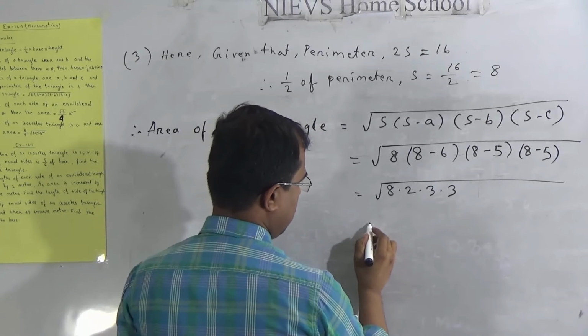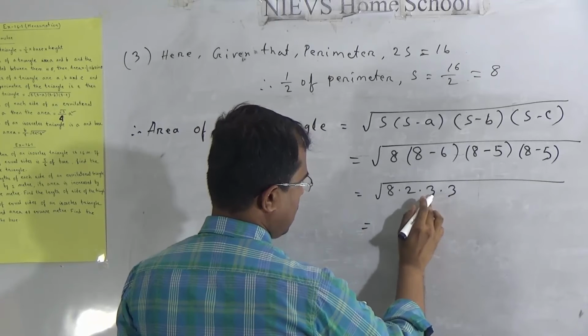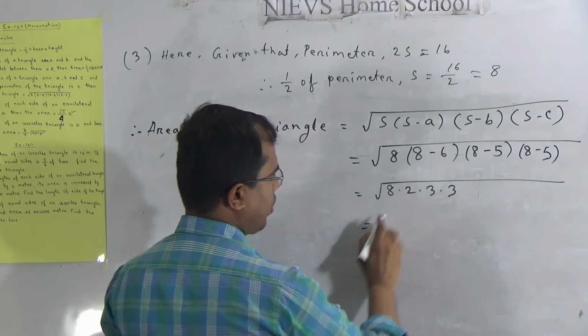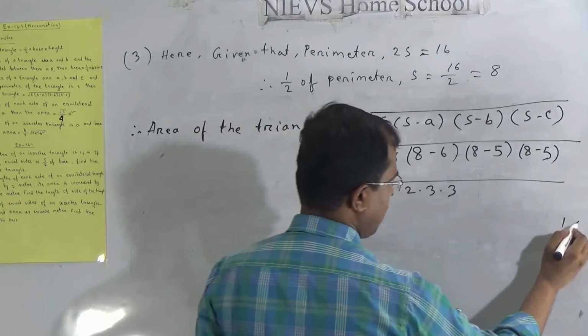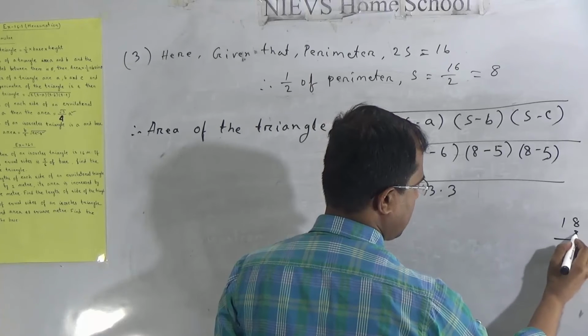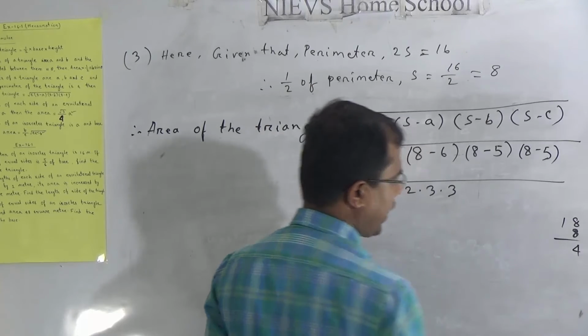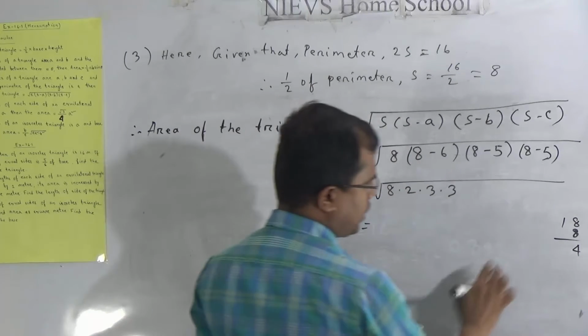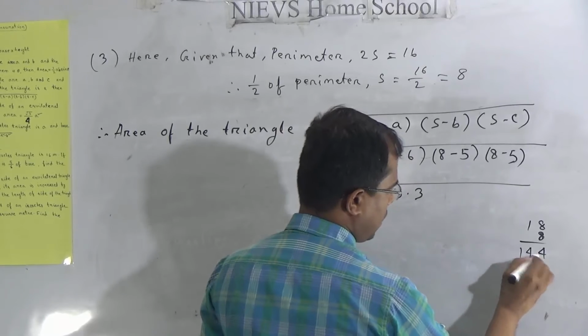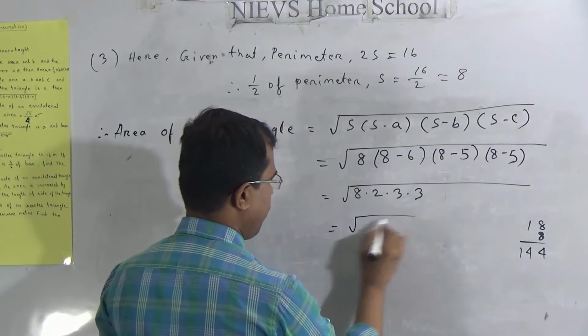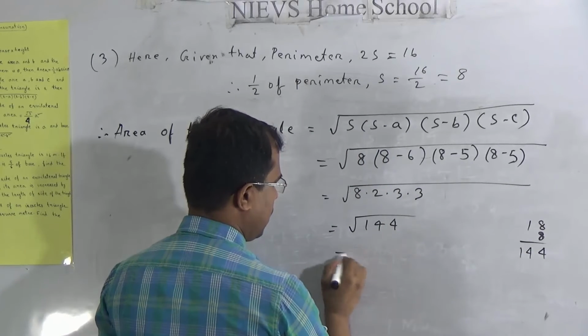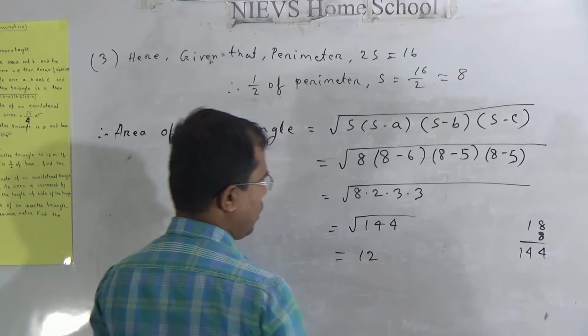This is equal to 3 3s are 9 and 9 2s are 18. Now if we multiply 18 by 8, then 8 8s are 64. From 64 we will write 4 carrying 6. 8 1s are 8. 8 plus 6 equal to 14. That means root over 144, and this is equal to 12.